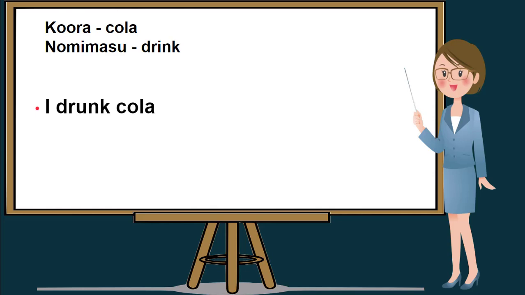I'll be giving you 5 seconds to state your answer. Your 5 seconds starts now. Very good. I drank cola in Nihongo is kora o nomimashita. Let's read this one once again. Kora o nomimashita.